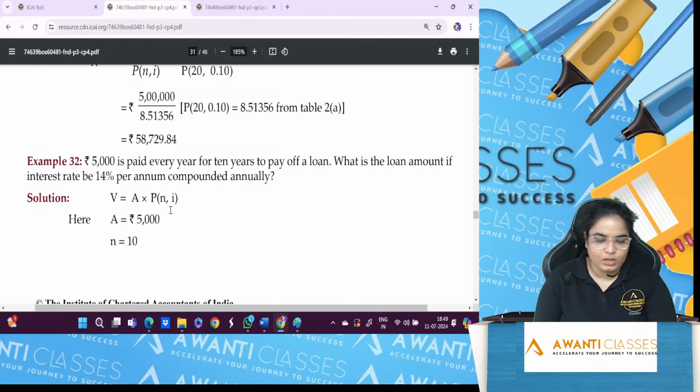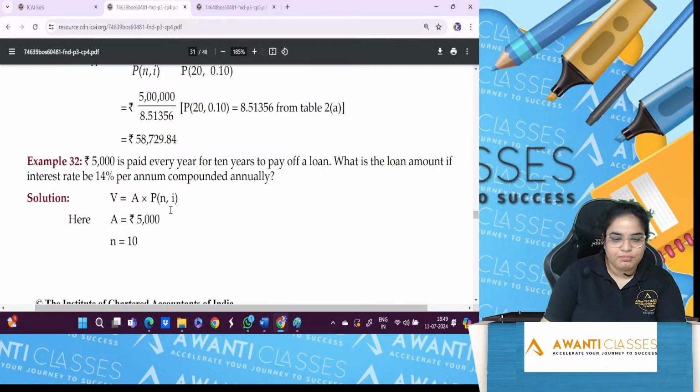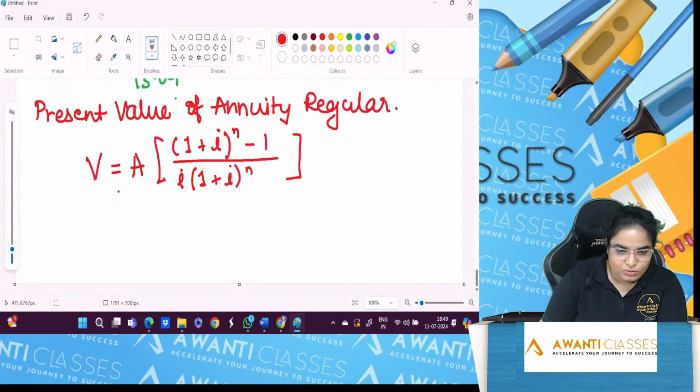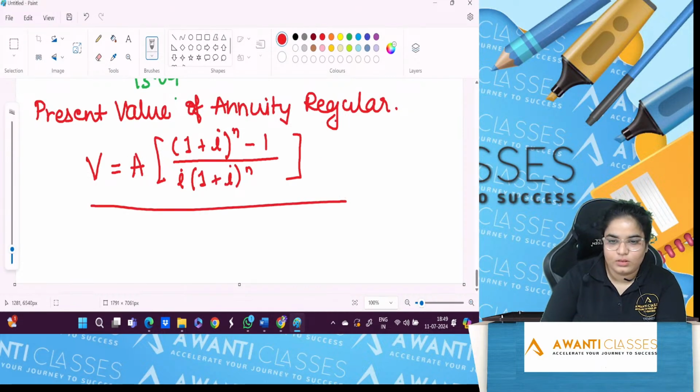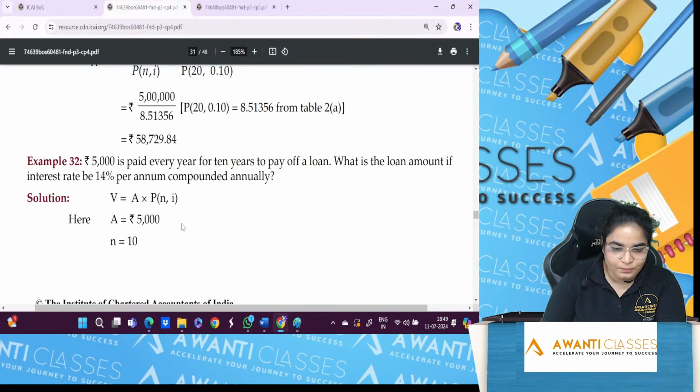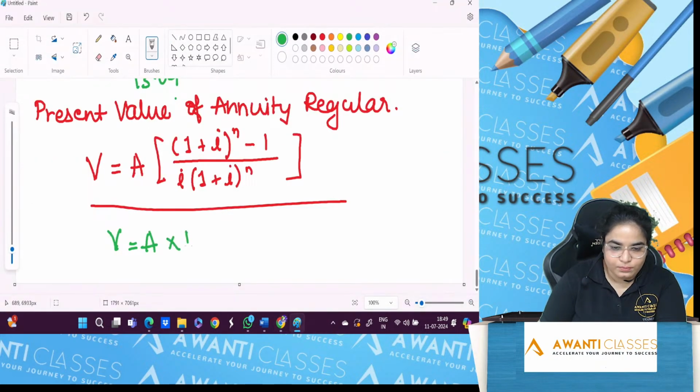Okay. Now, there is a very, very simple formula for present value. Okay, it is this one. You can directly do it in your calculator. This is A into P. That's all. That is the formula.